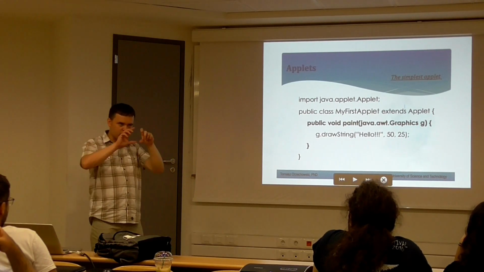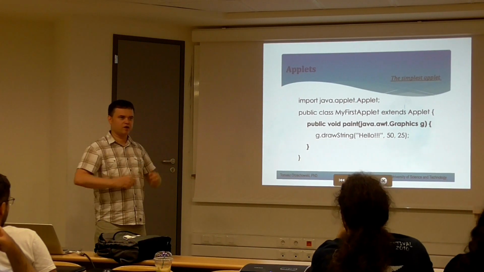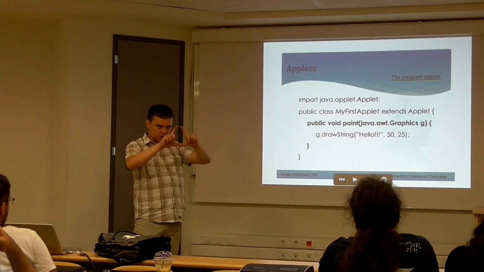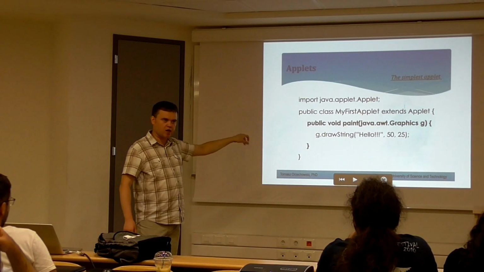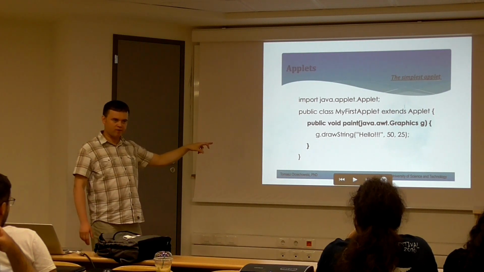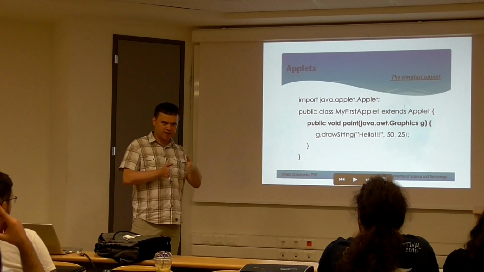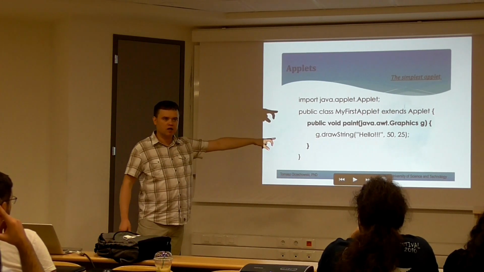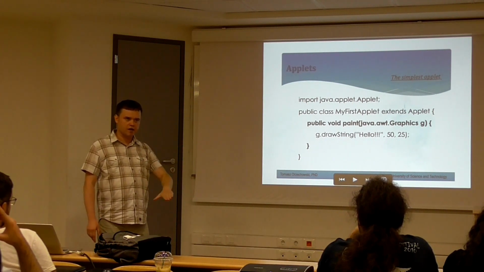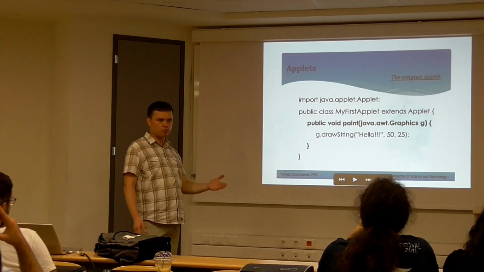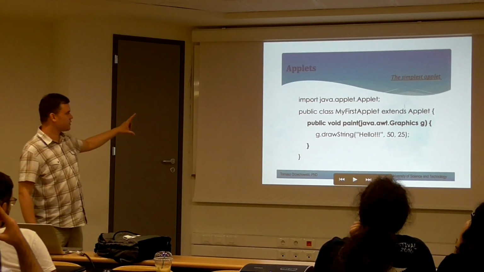This object is just a representation of this area. So now we have access to the graphics of the area, and on this object we can call the drawString method, which means that we want to put the hello text in a specific place: how many pixels horizontally and vertically, at the bottom part of this text. Okay, so this is the code of the applet.